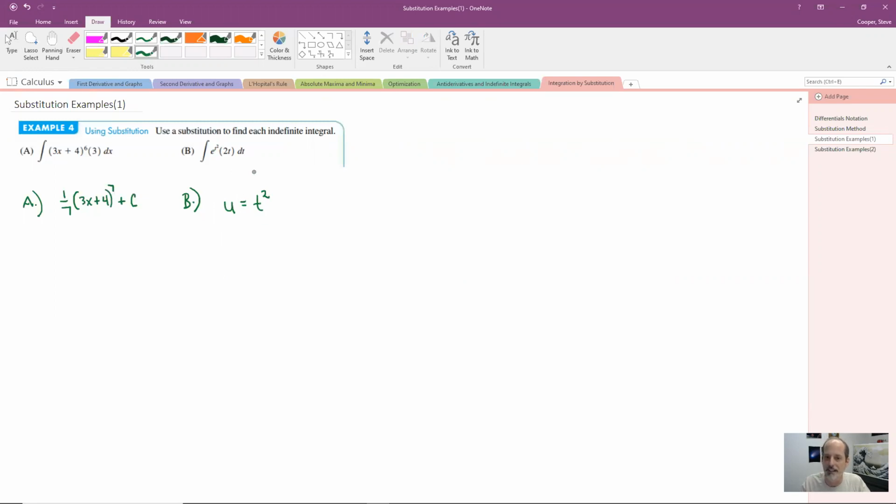That kind of looks good because when I take du, I get 2t dt, and lo and behold, that's what we have here. So we're going to let u equal t squared, then du equals 2t dt. Okay, and then when we reinspect this, we see that this is du.